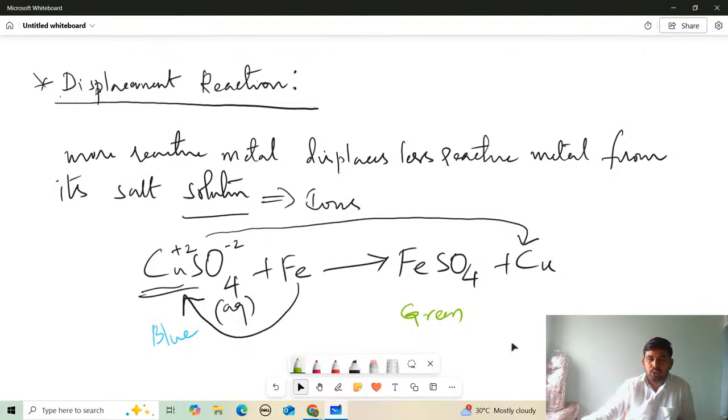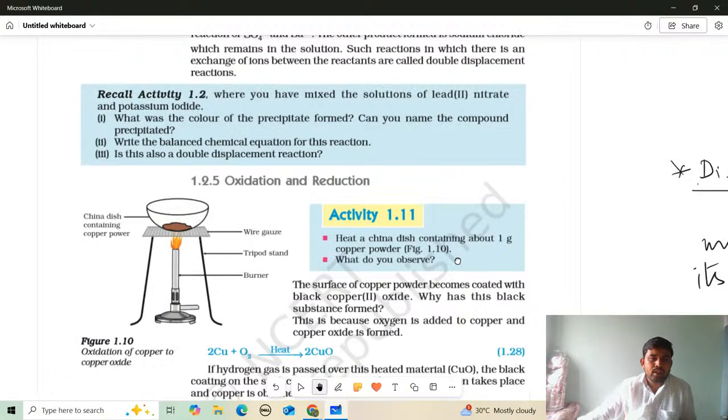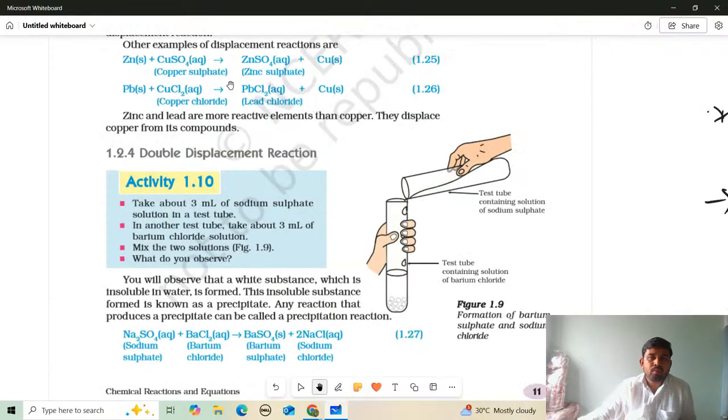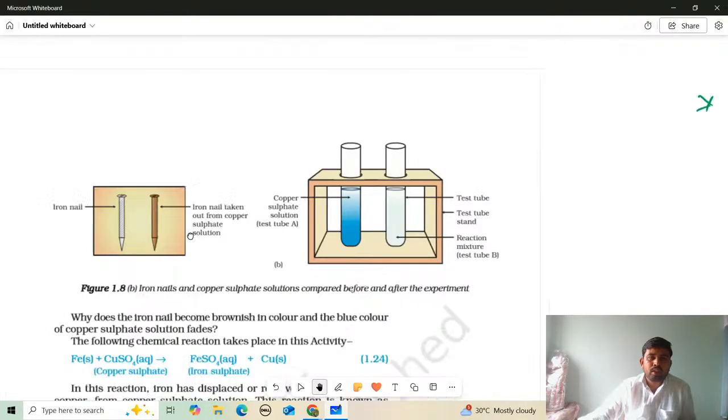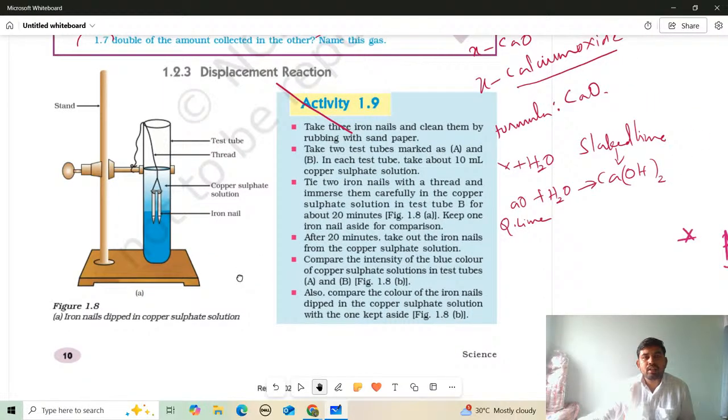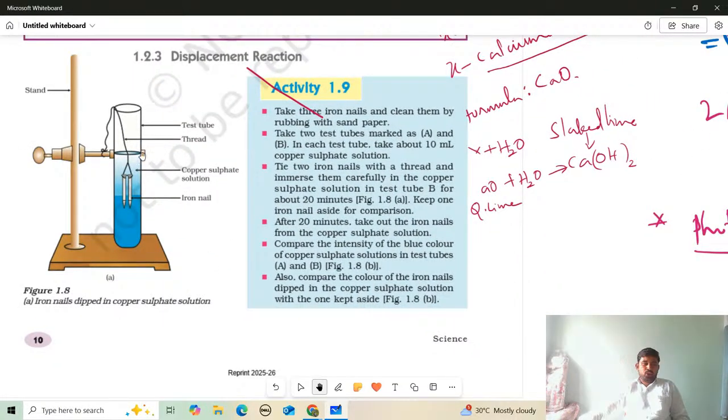Now they take a test tube, and you can see it in the diagram here. They have taken the test tube and kept iron nails in it.